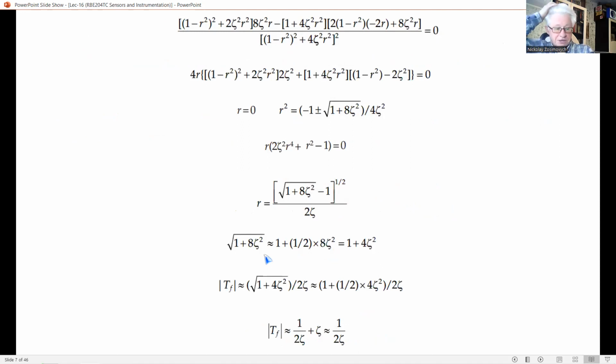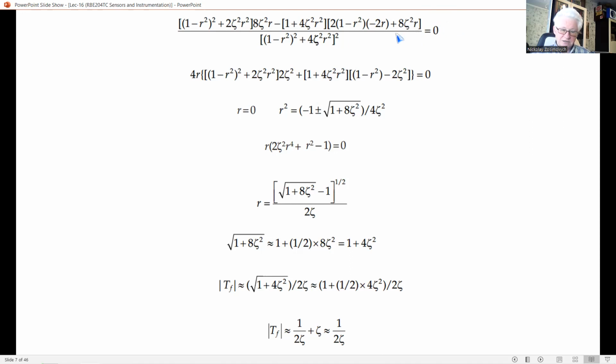To determine the peak point for T sub F, differentiate the expression within the square root with respect to r and equate to 0, as you can see in this first equation on the top. The equation should be equal to zero, as we can see on the right side.